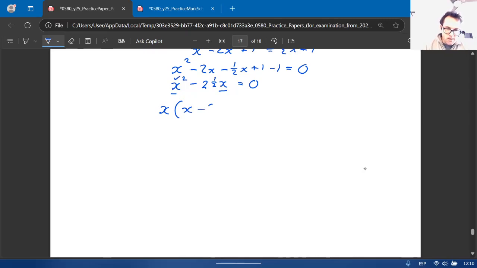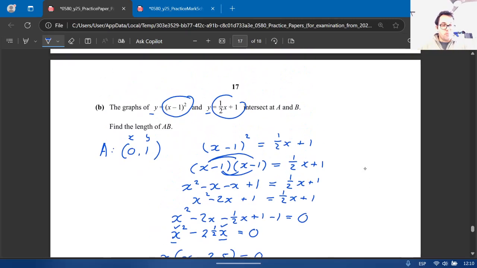The minus, and I'm going to swap to decimals just because it's a bit more comfortable for me, x times minus 2.5 is minus 2.5x. That means x equals 0, but we already knew this because that's what we got there. We knew that at one point x is 0. If we make x 0 in any of those equations, we get y is 1.